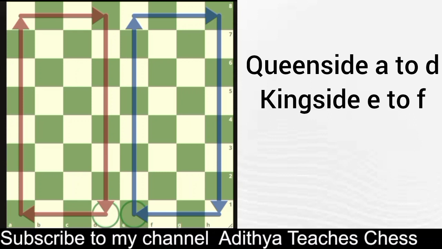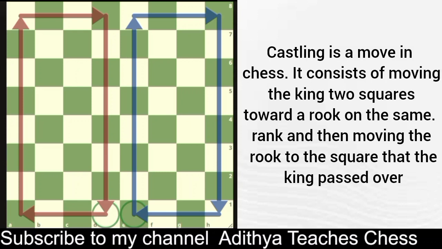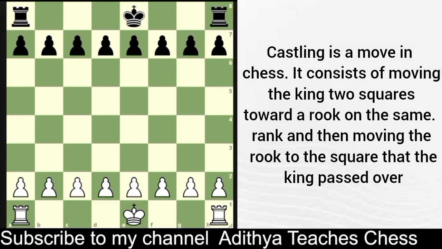Okay, we move to the castling topic. What is castling? Castling is a move in chess. It consists of moving the king two squares toward a rook on the same rank and then moving the rook to the square that the king passed over.